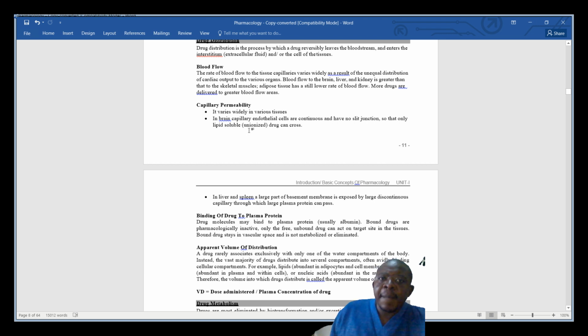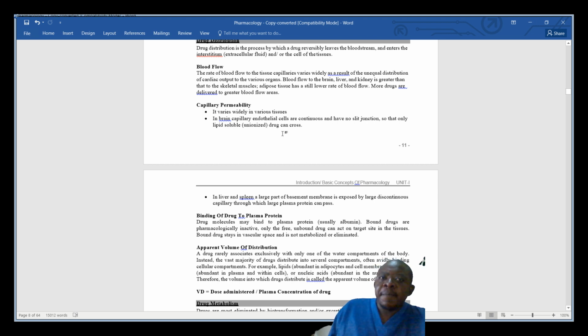In the brain, capillary endothelial cells are continuous and have no slit junctions, so that only lipid-soluble or unionized drugs can cross. So it's not all drugs that cross the blood-brain barrier. Some drugs can, but only those that are lipid soluble or unionized.